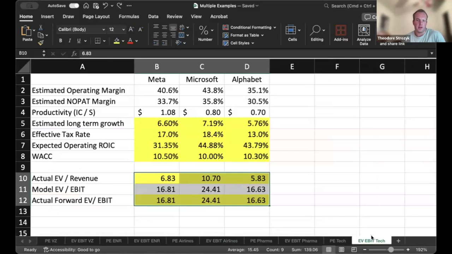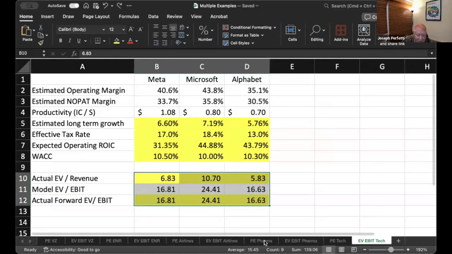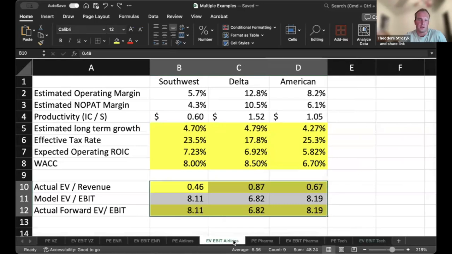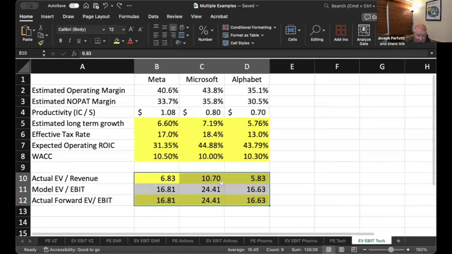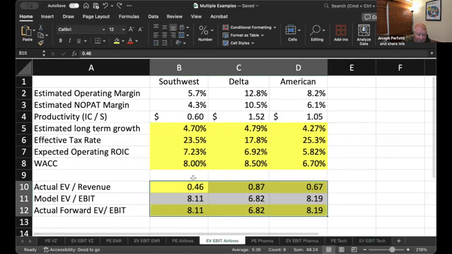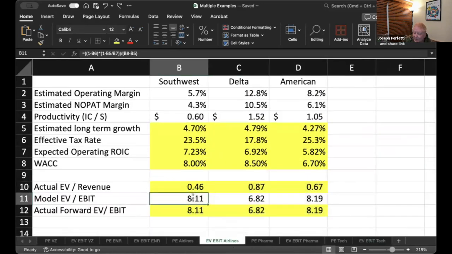Operating margins in the tech industry are like 7, 8 times higher than in the airline industry. So one difference is the margins, but what else? Higher growth at bigger spreads or real spreads. High growth at high spread, a lot of value, high multiple. Growth at negative spread, terrible multiples. This is just key value drivers played out in the real world. That's what the DCFs are eventually going to tell you. This is just a shortcut.